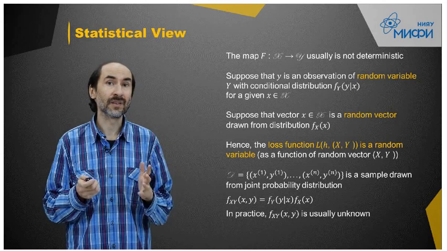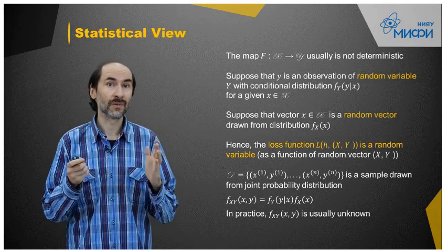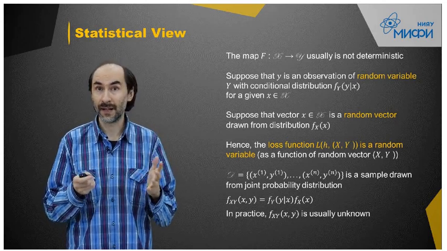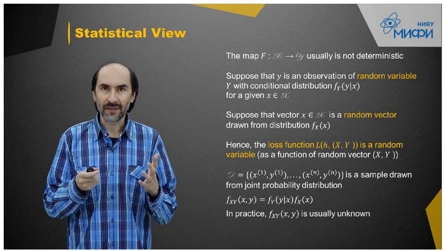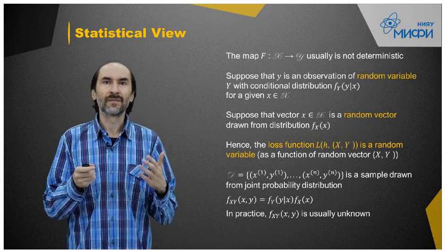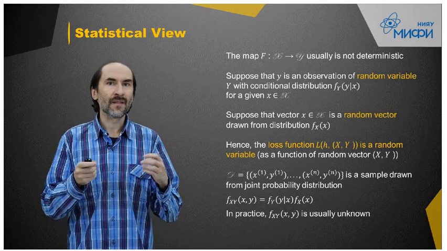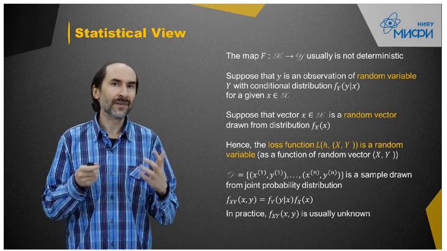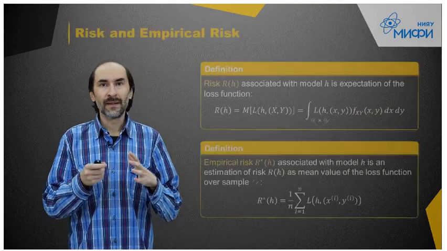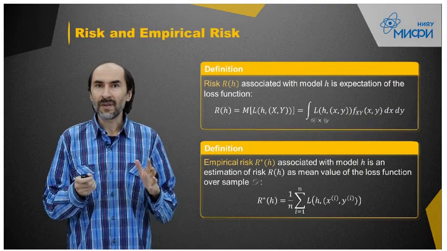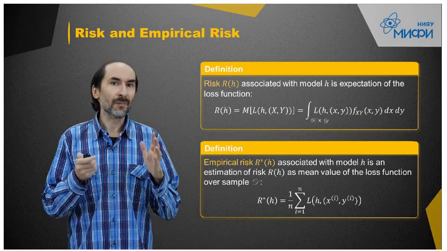Since input x and output y are random variables, and loss function is a function of x and y, then the loss will be a random variable too. And now, we introduce the term risk of the model.